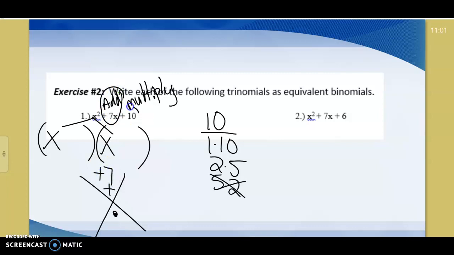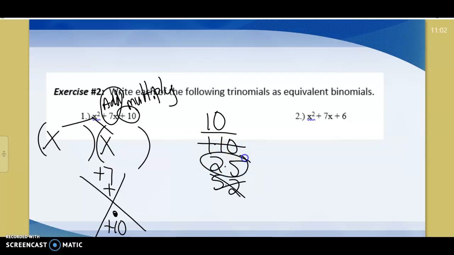And in the bottom, put the plus 10, because that's the number that we're trying to multiply to. Now, out of our factor list, we know that both of those multiply to 10, but only one pair will actually add to 7. And so if you look at 1 and 10, that's not going to do it because 1 plus 10 makes 11.